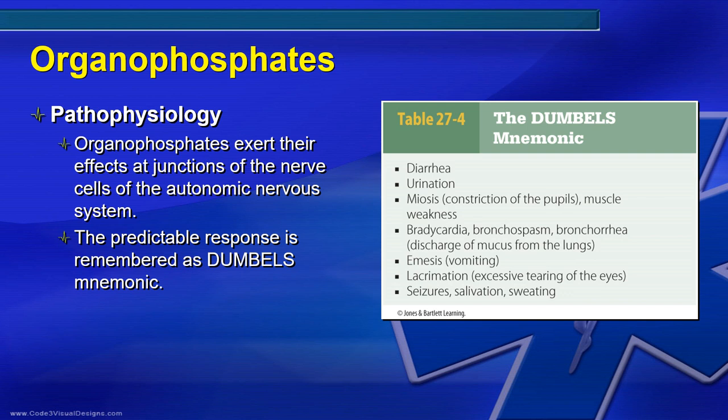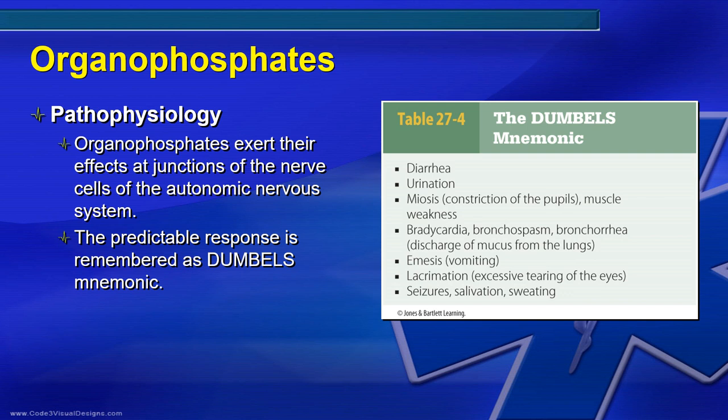So organophosphates exert their effects at junctions of the nerve cells of the autonomic nervous system. The conduction of an impulse from one nerve to another occurs through the release of acetylcholine at the synapse, and ACh works as a chemical messenger, crossing the synapse to depolarize the nerve on the other side of the junction.